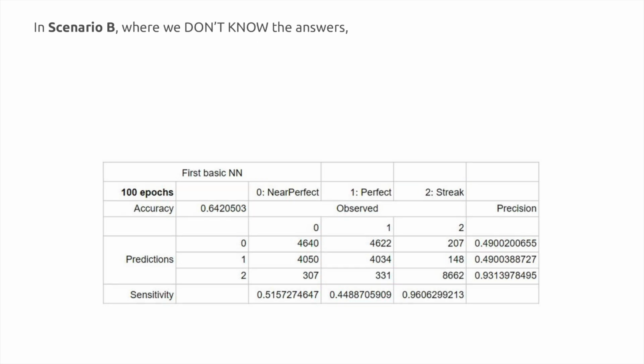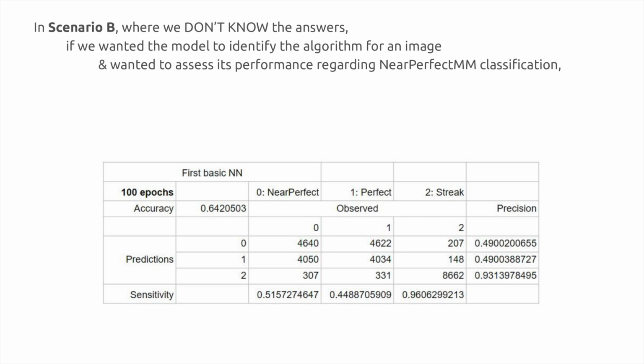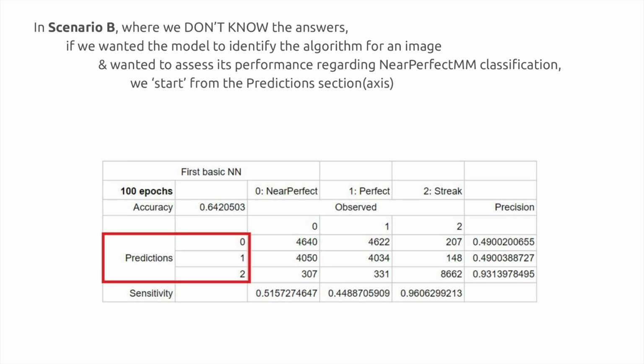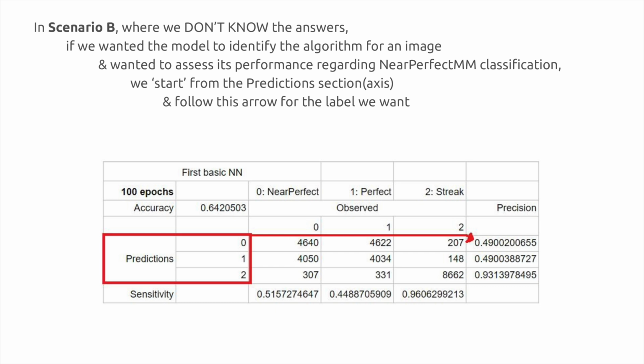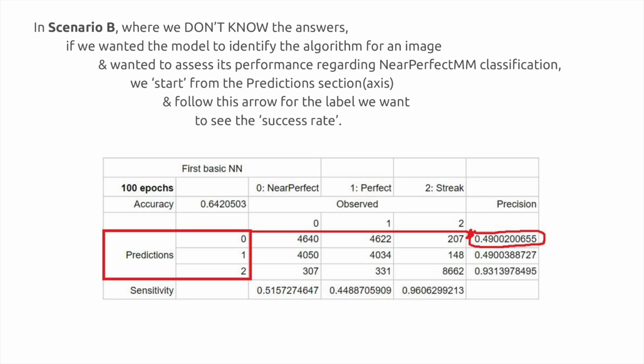In scenario B, where we don't know the answers, if we wanted the model to identify the algorithm for an image and wanted to assess its performance regarding near perfect MM classification, we start from the predictions axis and follow this arrow for the label we want to see the success rate. In other words, sensitivity means know first, predict later, and is for scenario A. Precision means predict first and know later, and is for scenario B.